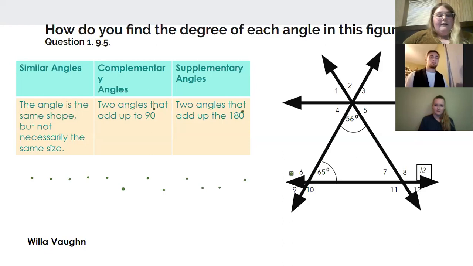Because angle 2 is 56, we have angle 3, which is corresponding down here to 65 degrees with the vertical angle, just like angle 2 was. So because it's vertical corresponding, angle 3 is also 65 degrees. So we know that corresponding angles are equal to each other if they have a vertical angle as well.